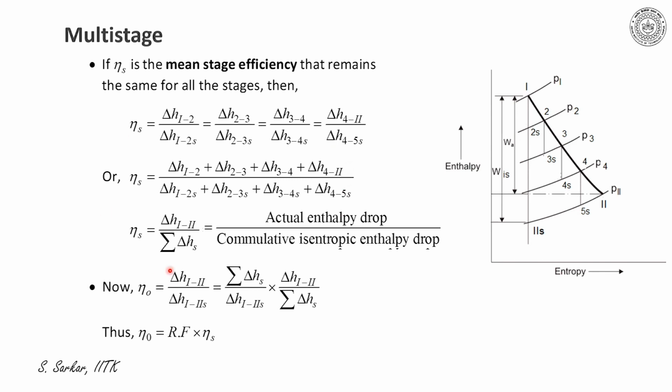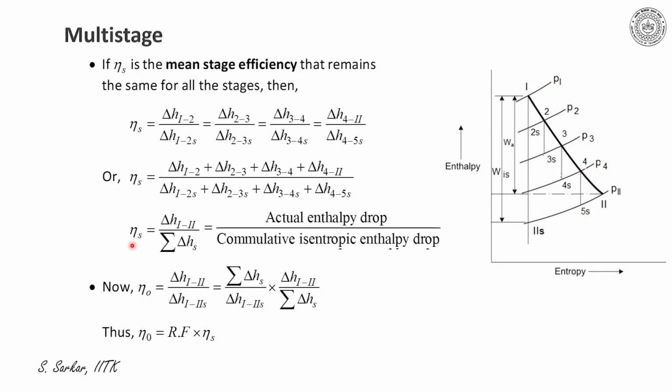That leads to del H12, that means actual enthalpy drop during the expansion process 1 and 2, divided by sigma del Hs, that is cumulative isentropic enthalpy drop.